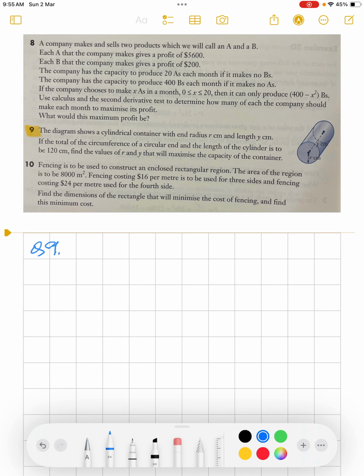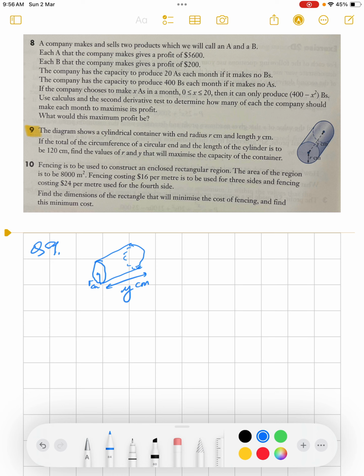Question 9 says the diagram shows a cylinder container with end radius r and length y centimeters. If the total circumference of the circular end, so let's put a cylinder, and we've got a radius r and we've got a height of y centimeters.